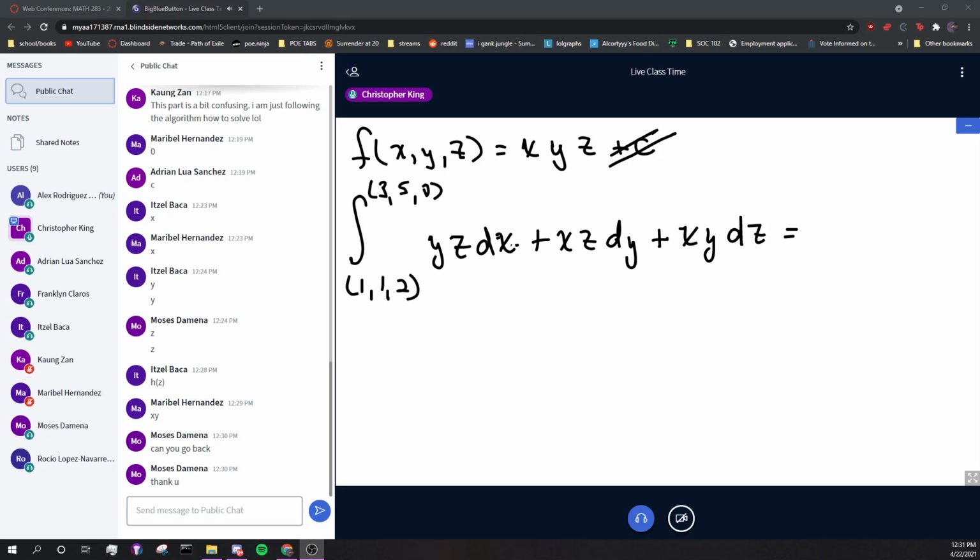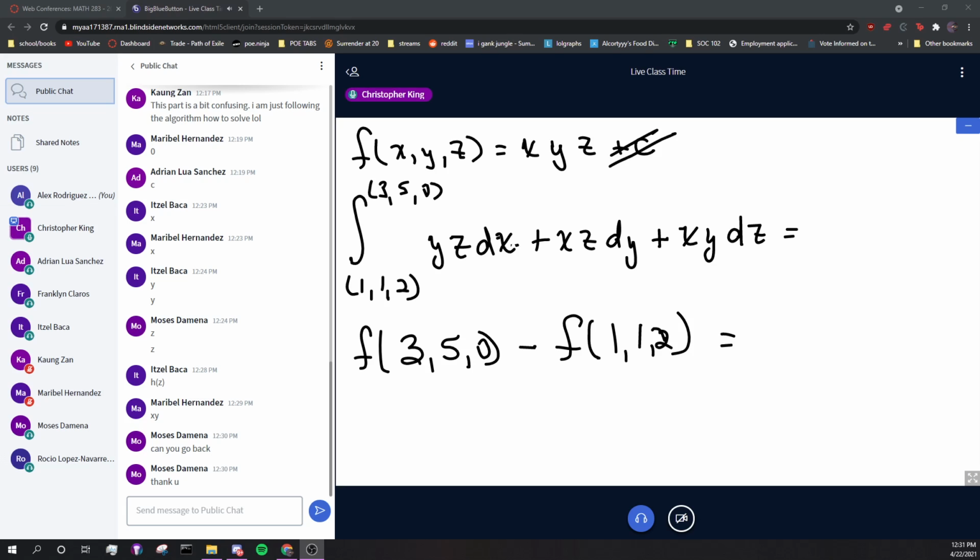So it's going to be equal to, well, we found our function. So what we're going to do is evaluate the function at the upper limit minus the value of the function at the lower limit.